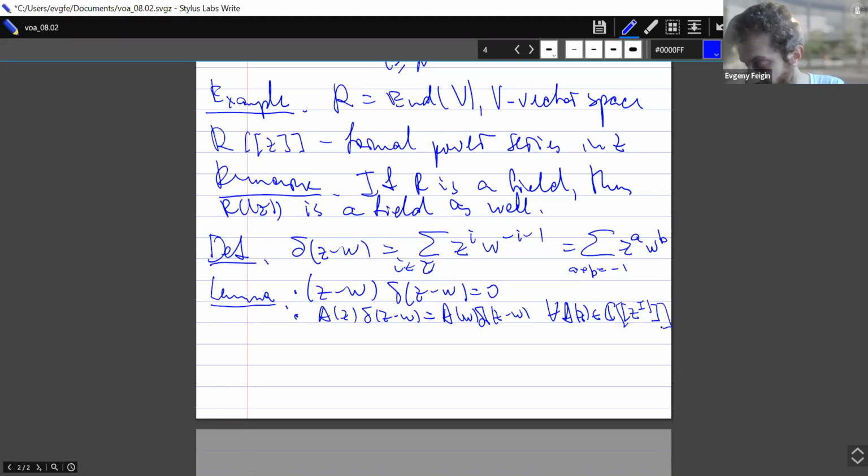So we take any series and multiply it with the delta function, and then what we get is still 0.